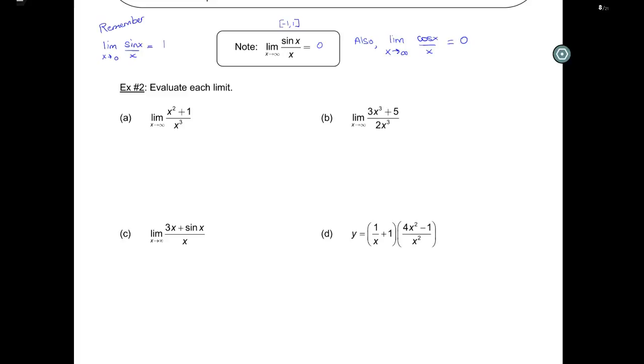Is there something special about cosine that sine x over x equals 1? Is cosine x over x? No, because cosine of 0 is 1. So you would get 1 over 0, so it's just undefined.